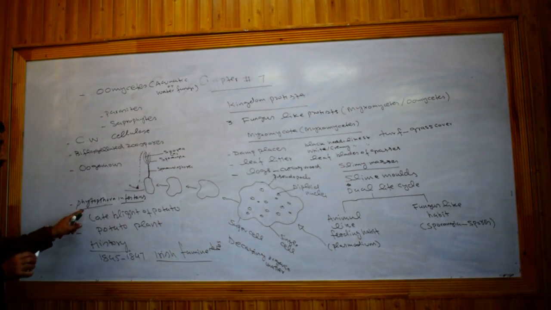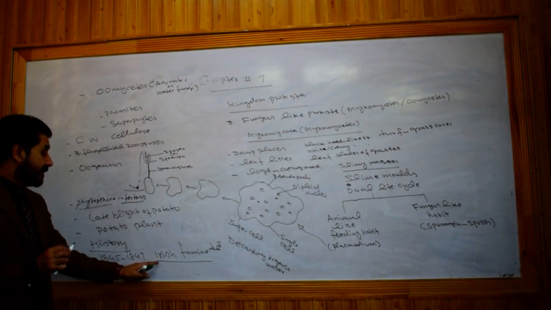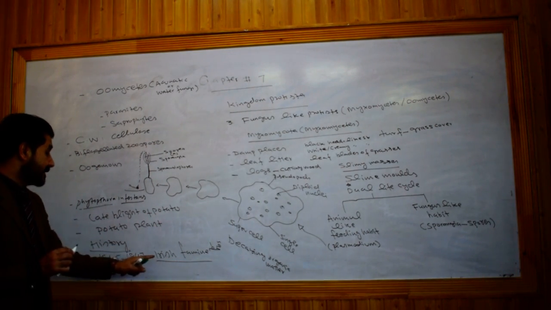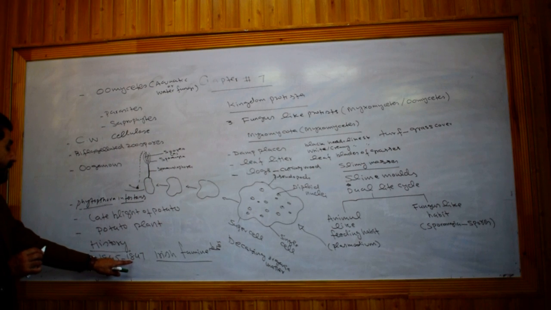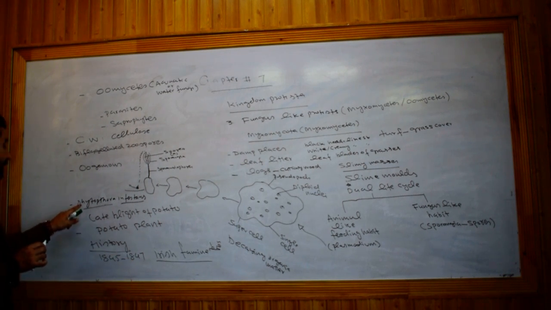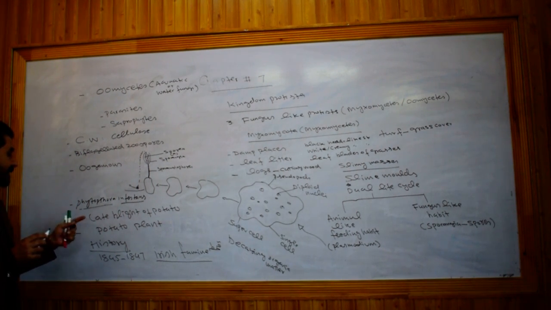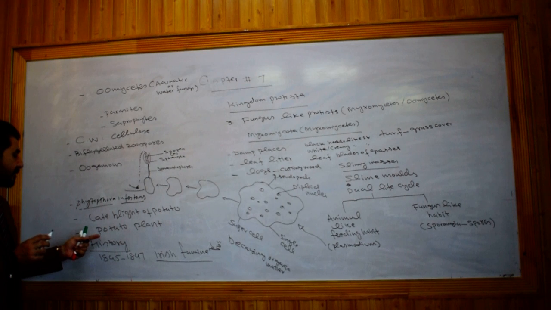So because of this fungus, the famous Irish famine was caused in 1845 to 1847, because this fungus attacked the potato plant and destroyed it on a huge scale, causing a disease on the potato plant.